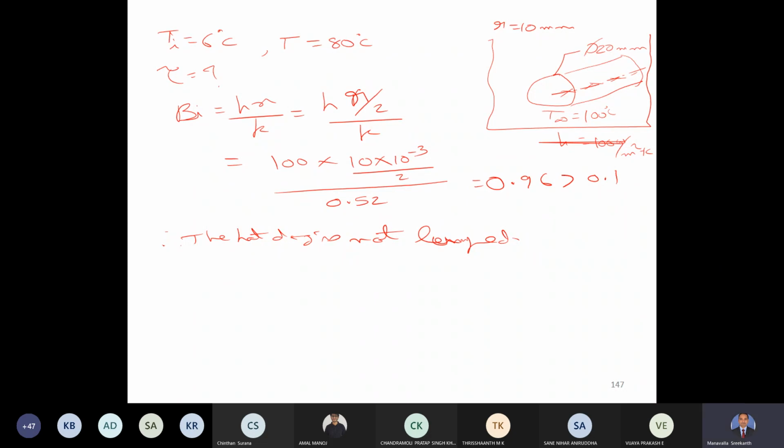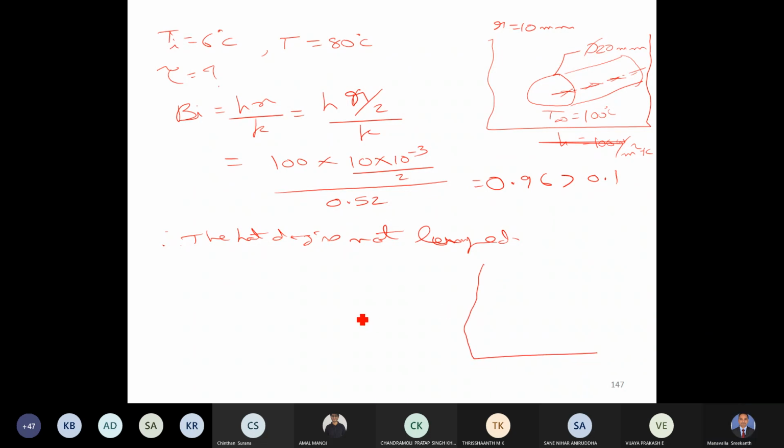Using the parameter h r naught by k, this graph of temperature difference ratio and Fourier number is plotted. From this graph, we should be able to find the time required for the center temperature to reach 80 degrees Celsius.